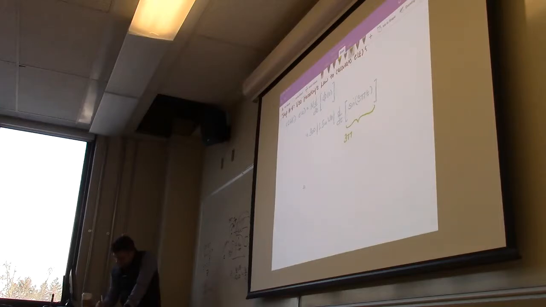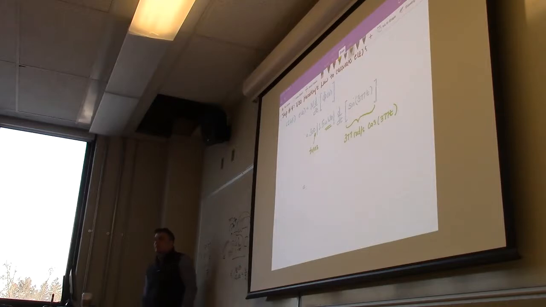So this is 300 turns, right? This is 377 radians per second times cosine of 377t. And the unit for that is included right here, right? That's the milliwebers.